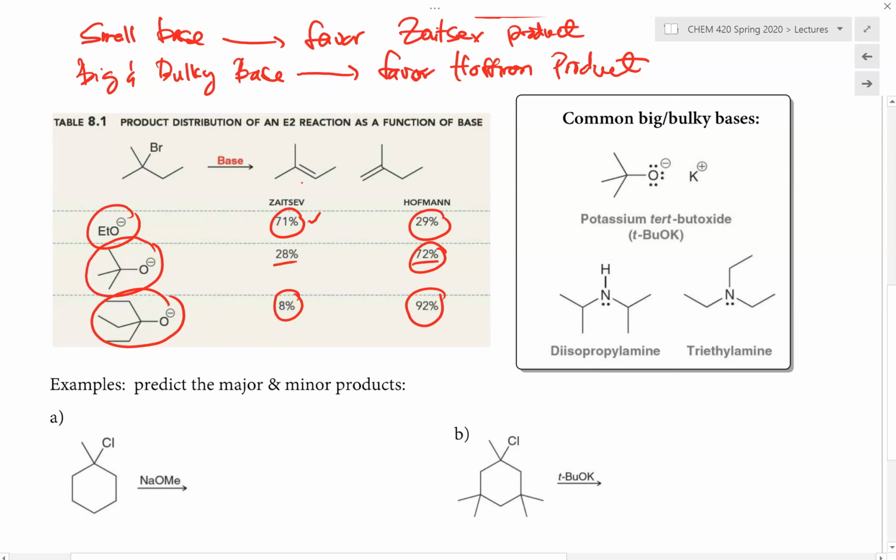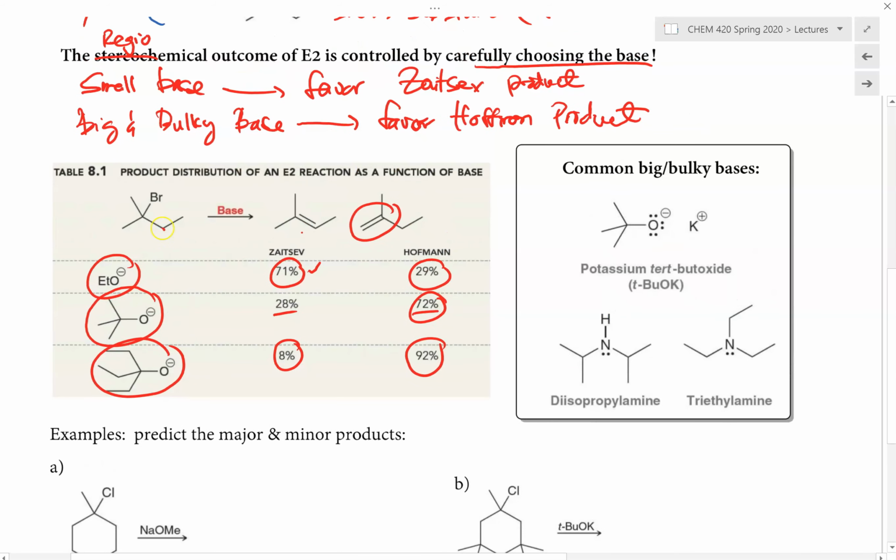And the reason is as follows: the more bulky the base, then it would prefer to pick up the beta hydrogen on the outside, and therefore favor the production of the less substituted alkene. Whereas if we have a small base, it has no problem coming in and picking up the proton either from this hydrogen or this hydrogen.